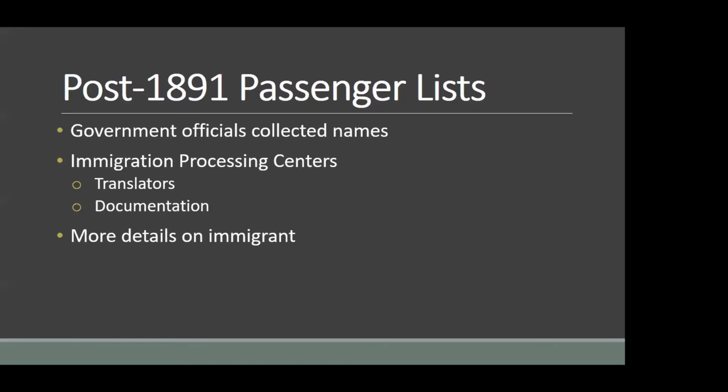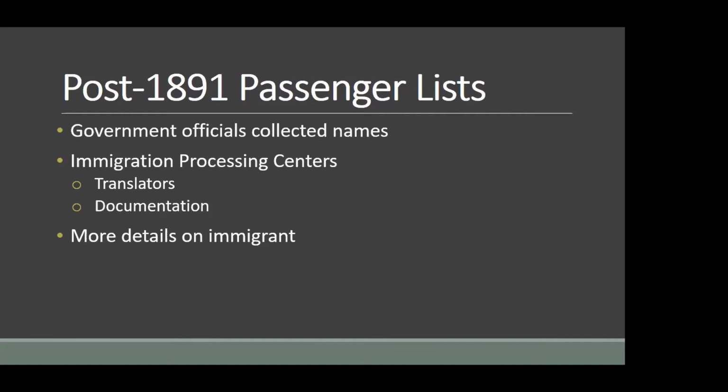So this is a time period where the spelling of the name is not changing at the entry point. The spelling of the name may change because the immigrant changes it after they come into the United States, but at the actual entry point into the US, they are translators and these immigration officials who are processing the people and documenting them.